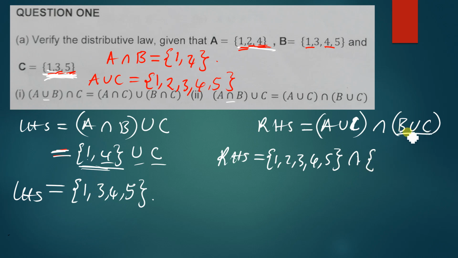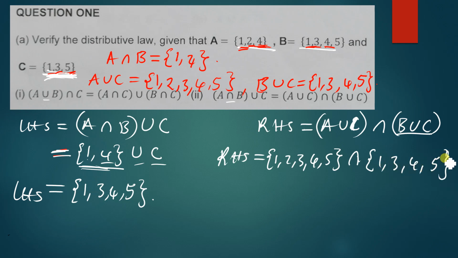So we also find B union C. B union C is just going to be the combination of B and C. When you combine B and C, we know that we have 1 there, we have 3 there, we have 4, and then we also have 5. So that is our B union C: {1, 3, 4, 5}.